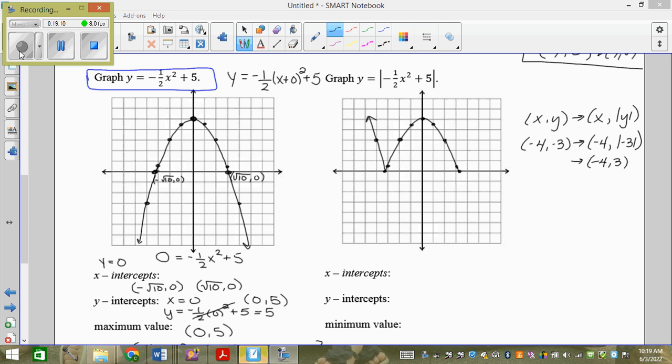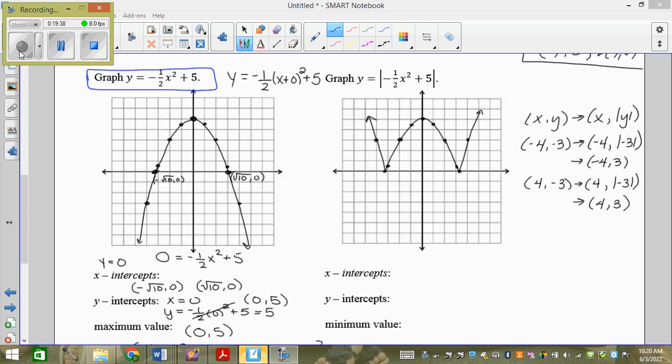And then this one is at 4, negative 3, which is 4 and the absolute value of negative 3, which is 4 and 3. Because remember, the absolute value is just the distance from 0. So that's why it always turns positive, because distance is positive. So we go to 4 and 3. And we have it doing something like that.